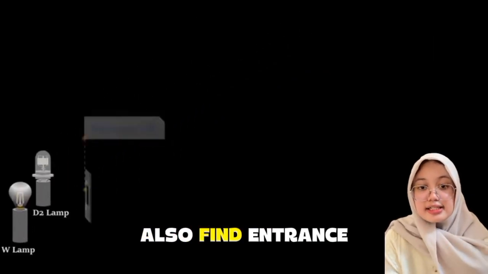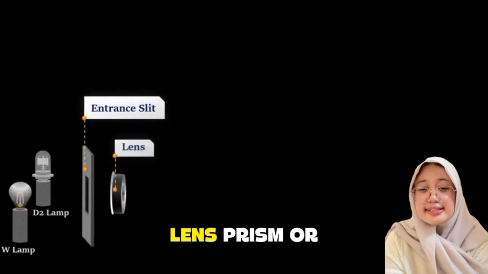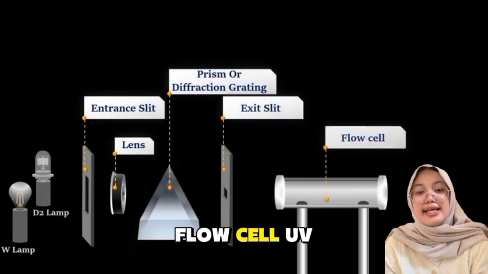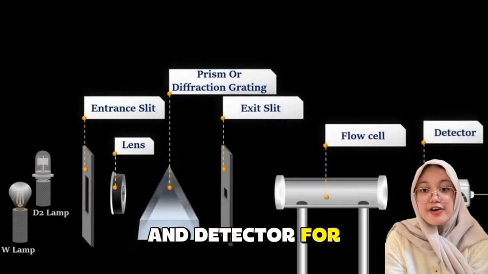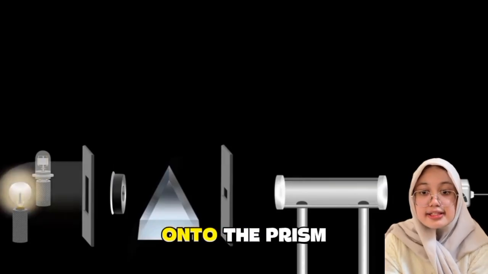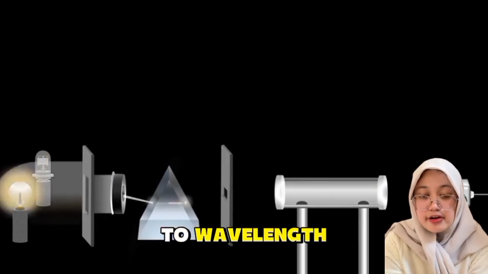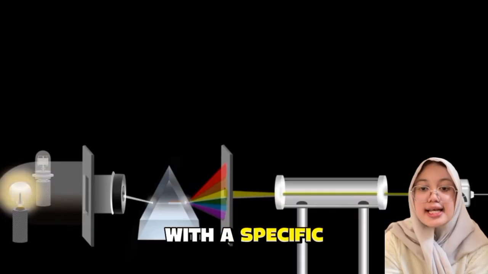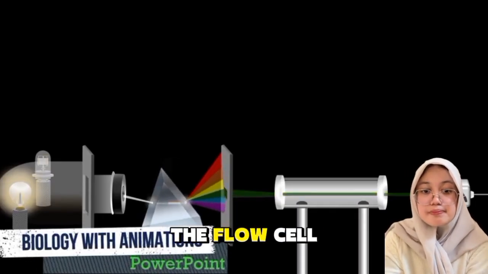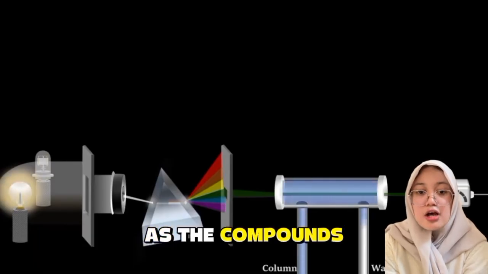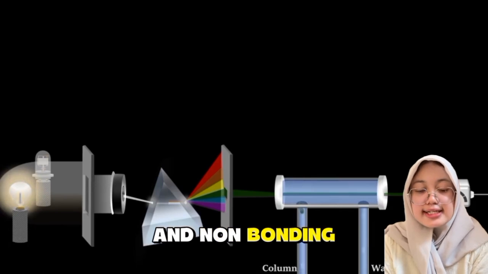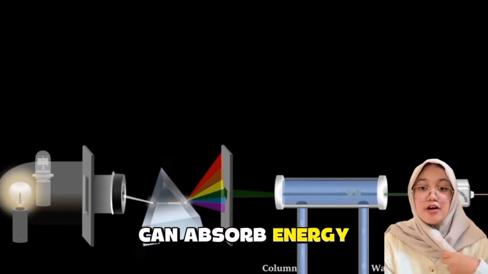In the UV-Vis detector, we can also find a lens, prism, diffraction grating, exit slit, flow cell, and detector for absorption measurements. Light from the lens is shone onto the prism and dispersed according to wavelengths, when the electrons of these compounds absorb energy in the form of ultraviolet or visible light.